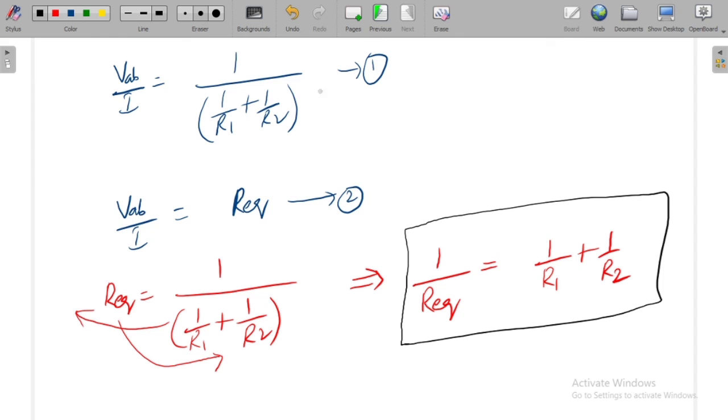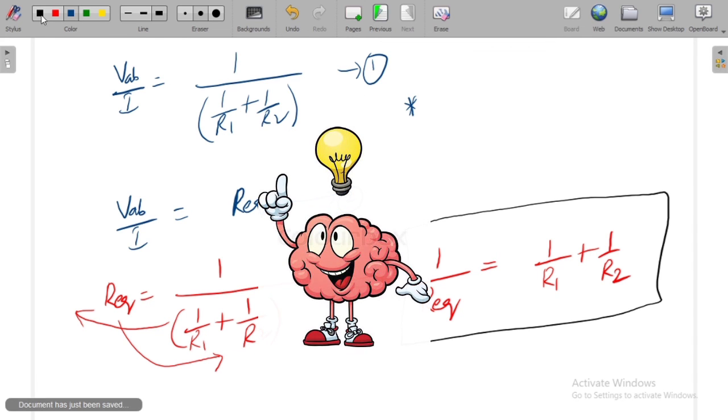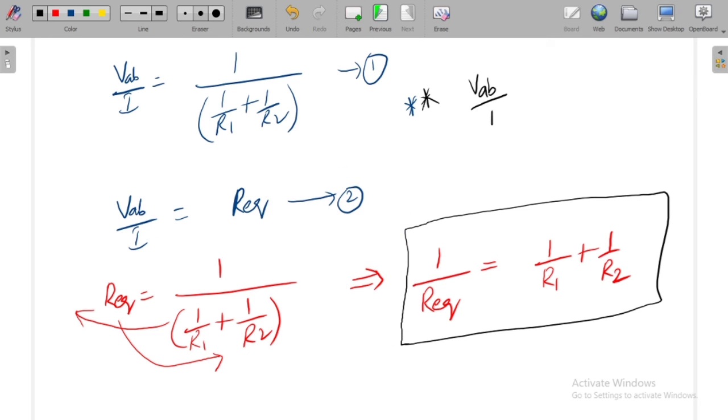So in this way we can understand the series and parallel combination of resistors and how to find the equivalent resistance, keeping in mind the very important fact that the VI relationship of the circuit should not be disturbed. The characteristics and the behavior of the circuit should not change.